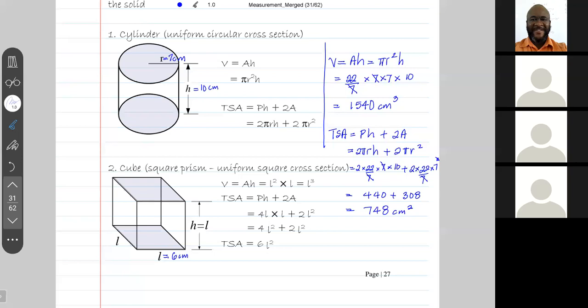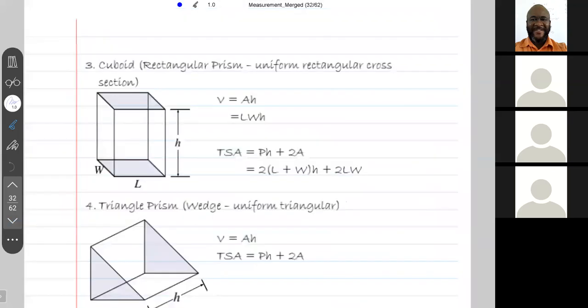So the cube has 6 surfaces, and all 6 surfaces have the same area. So ultimately, the total surface area is going to work out to be the area of one surface multiplied by 6, because all 6 surfaces have the same area. I did tell you that the introduction is going to be a bit long.